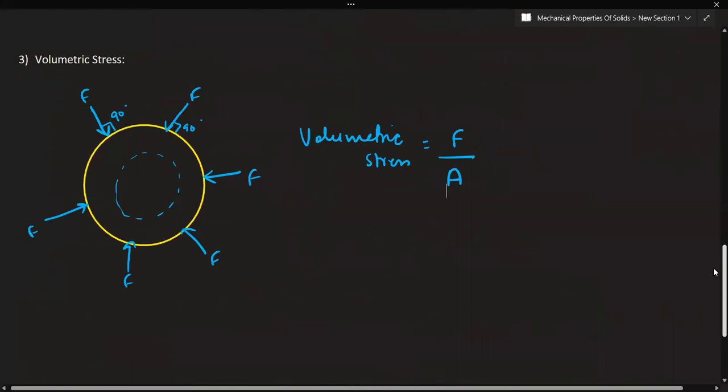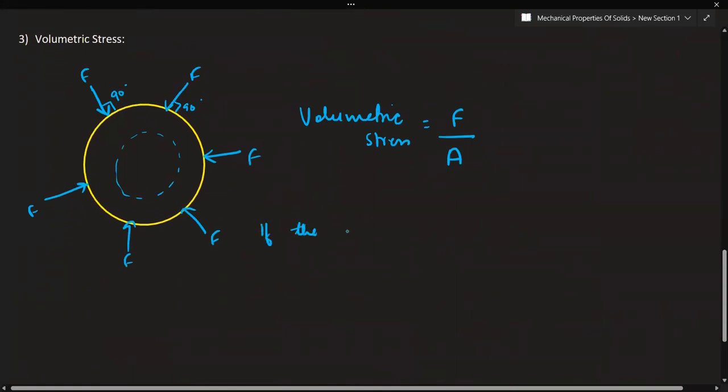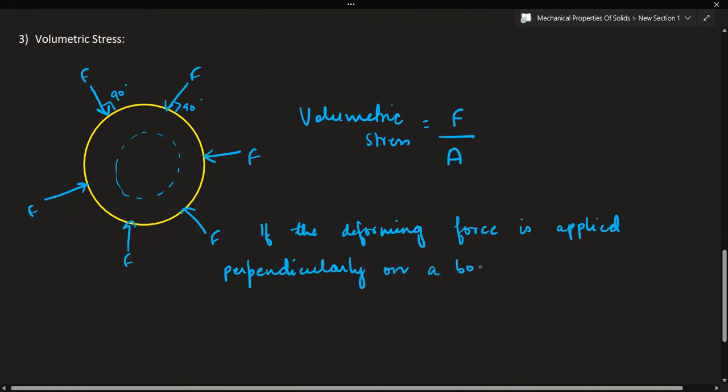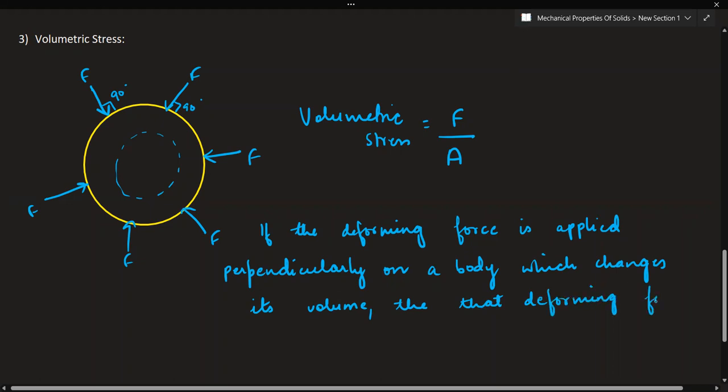The definition would be: if the deforming force is applied perpendicularly on a body, which changes its volume, then that deforming force produced per unit area is volumetric stress.